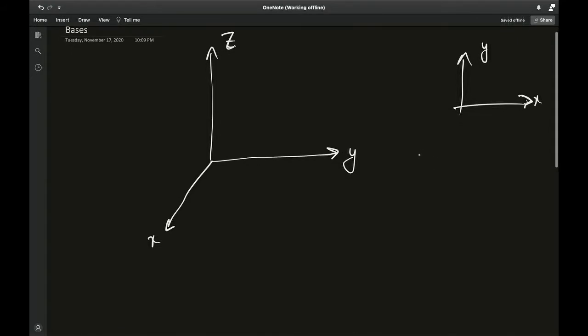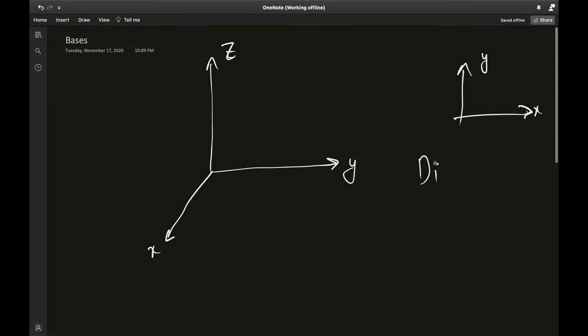When I talk about dimensions, you have some experience with the word empirically, but this has a pretty formal mathematical definition that's associated with bases. Anyways, this is the standard basis that we work with. These axes are mutually perpendicular.